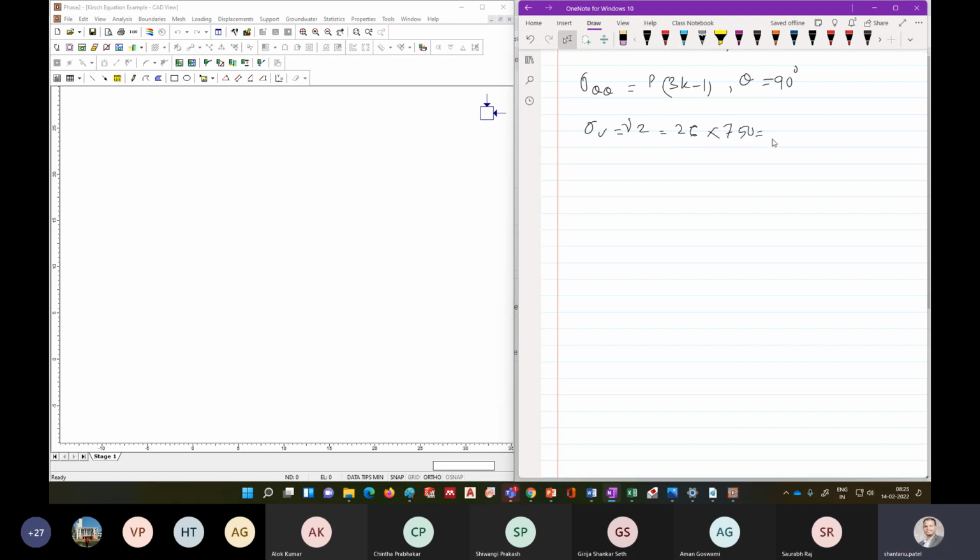If you multiply this, it becomes 19.5 MPa. Okay, you need to remember something here.